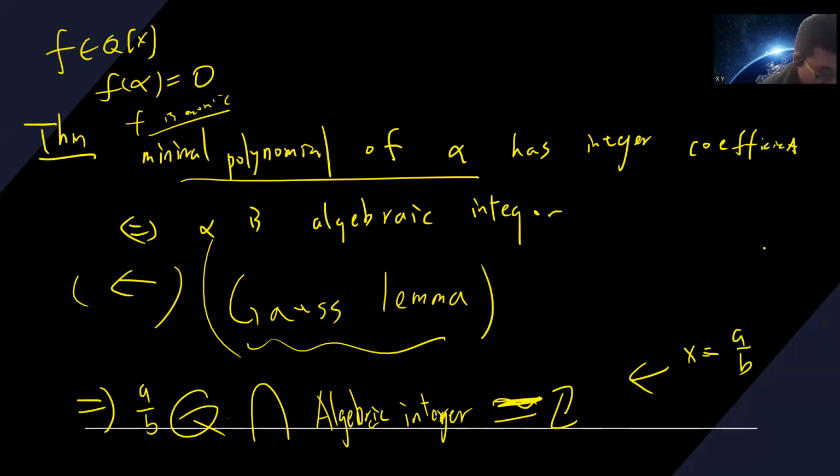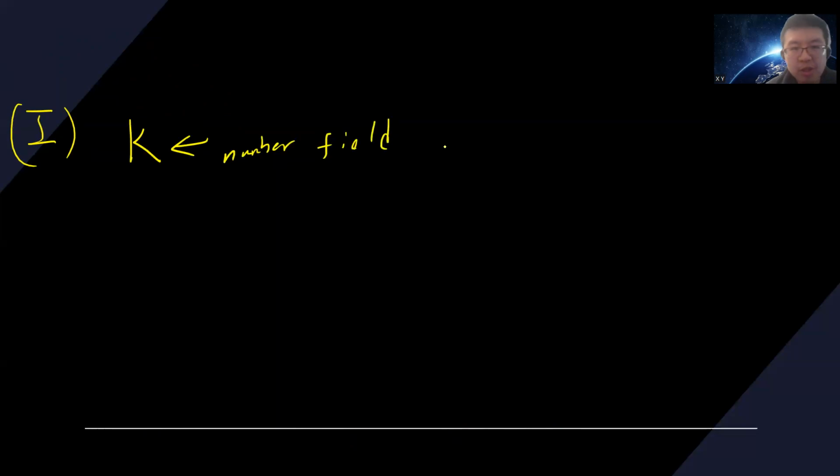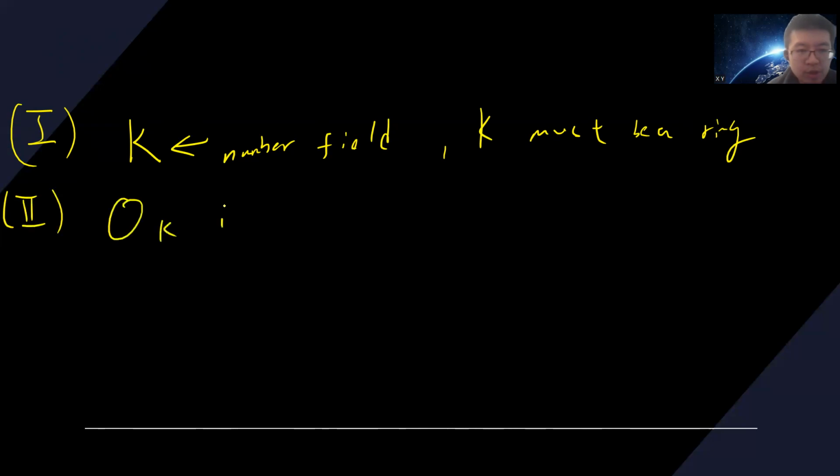Okay, so now, the fact that I need to prove is important. There are two facts. The first fact is that algebraic numbers form a ring. So it's trivial, right? Because every number field is a field, so it must be a ring. But the second fact is a little bit non-trivial. Basically, it says that O_K is a ring.